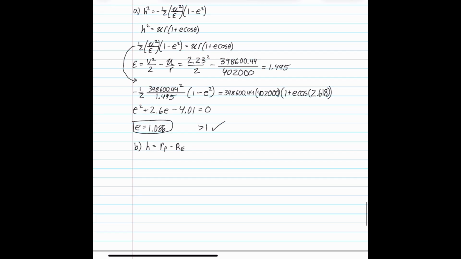And then we need to find the altitude at closest approach. We know that altitude equals the radius of perigee minus the radius of the Earth. And we know that the radius of perigee is the closest approach because perigee is the closest to the focus, which is where the planet is.